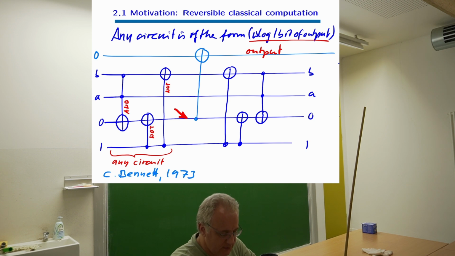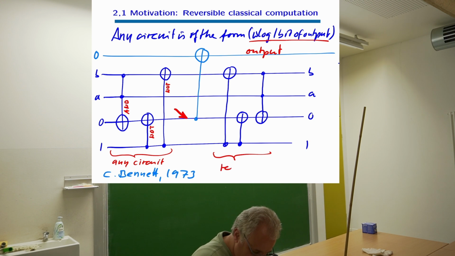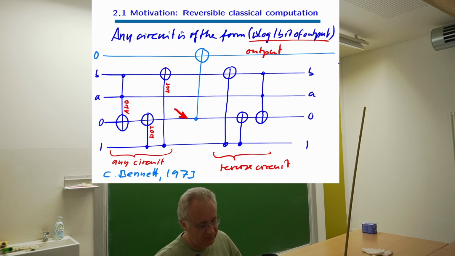So this was the reverse circuit. The reverse circuit uncomputed all these intermediate outcomes. So the upshot of this is that you can perform any computation in a reversible fashion. This was the clever thing in this construction, this uncomputation of all the intermediate outcomes.